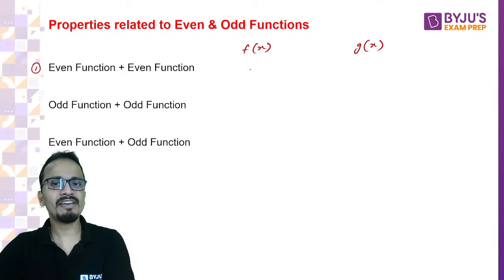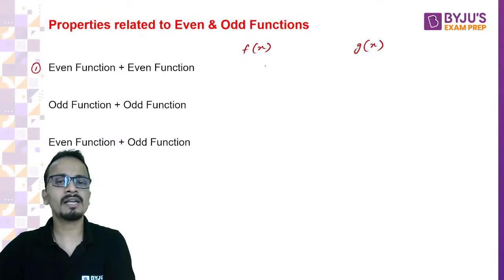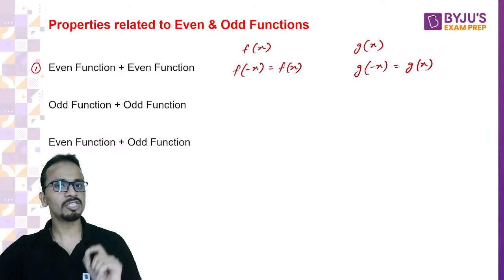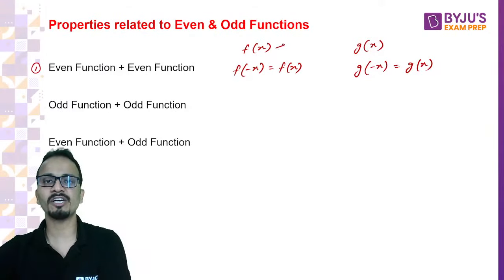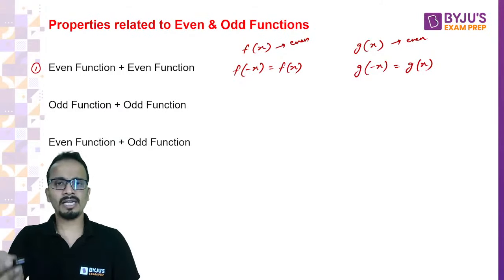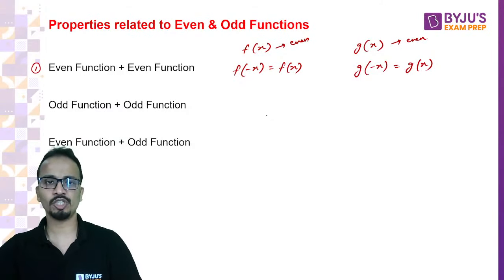Since f(x) and g(x) are both even functions, f of minus x will be equal to f(x), and g of minus x will be equal to g(x). I have written below them the property that they will show.